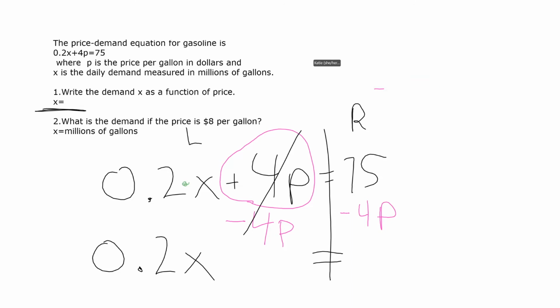And I rewrite my equation like this: 75 minus 4p. Can't do anything with that 75 and 4p. They're not like terms.